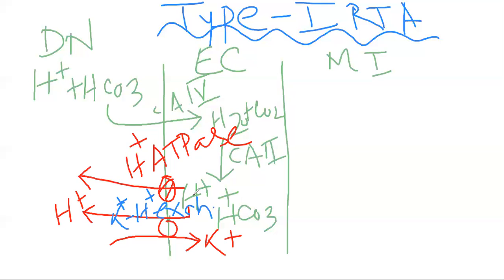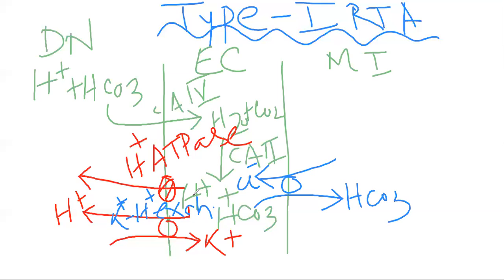It is also a type of secondary active transport mechanism. Ultimately, bicarbonate will be reabsorbed by the chloride bicarbonate exchanger. In this way, bicarbonate is reabsorbed and hydrogen ion comes into the distal part of the nephron, and later will be excreted through the urine.